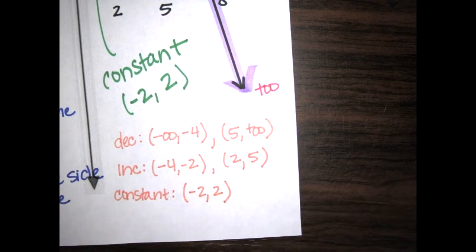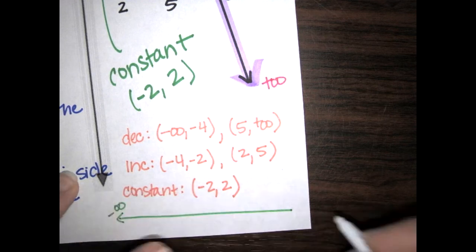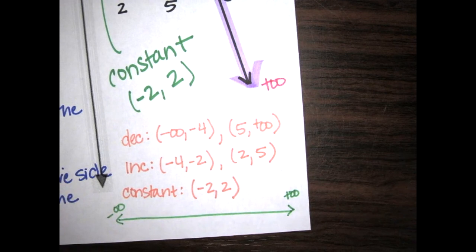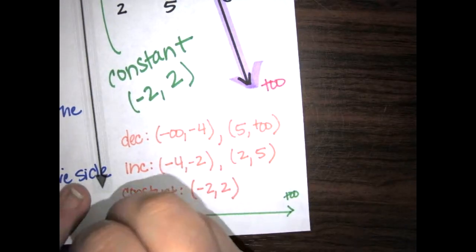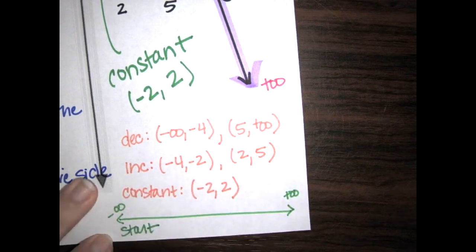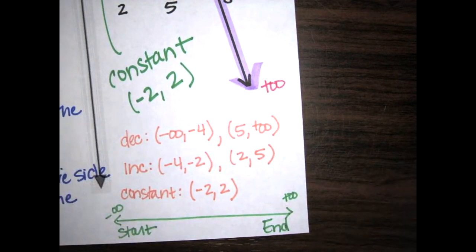Now, what do we know about a number line? Our number line, when we draw it, starts at negative infinity and goes all the way through to positive infinity. So when you are talking about increase or decrease, you always want to make sure that you are starting on the negative side and ending on the positive side.